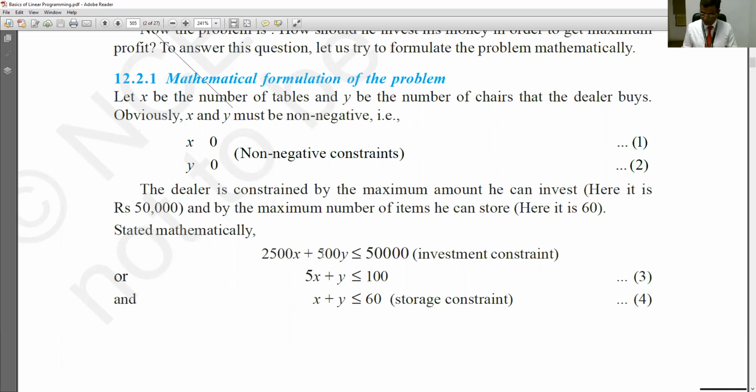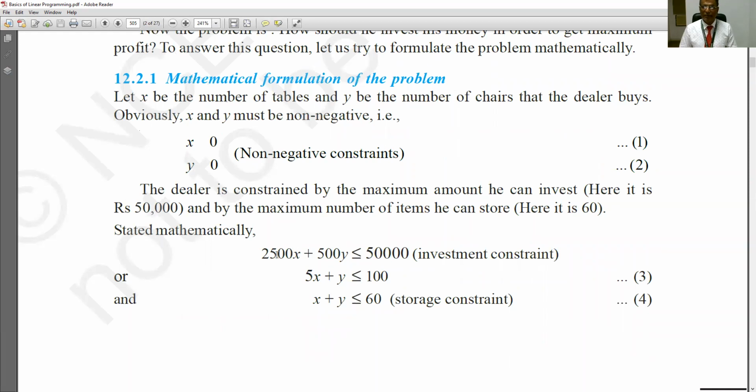And the cost of a particular chair is 500, and he has Y number of chairs, so this will be 500Y, and the sum of these two is less than or equal to the investment constraint, means 50,000.